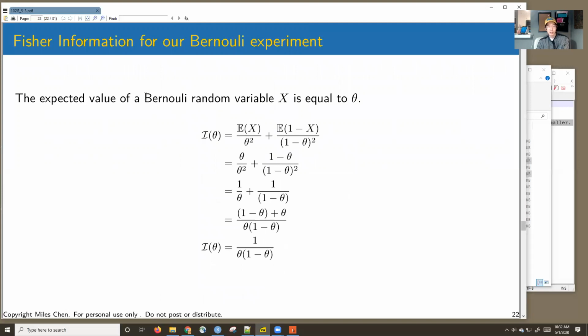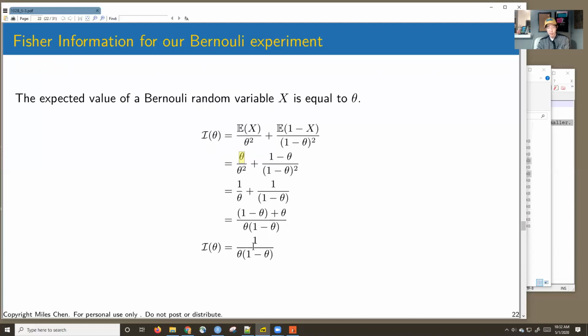The expected value of a Bernoulli random variable is that unknown parameter theta. So the expected value of x is equal to theta, so the Fisher information will be theta over theta squared, and 1 minus theta over 1 minus theta squared, which simplifies to 1 over theta and 1 over 1 minus theta.